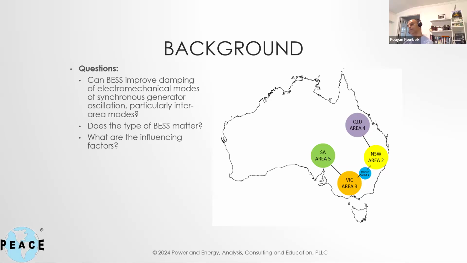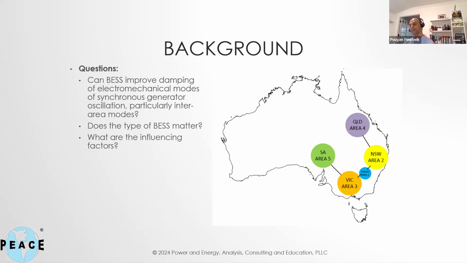And in this context, specifically, and most of the time that is the context today at least, is how could they possibly impact these electromechanical modes of synchronous rotor generator oscillation, particularly inter-area modes. And we're all familiar with those.